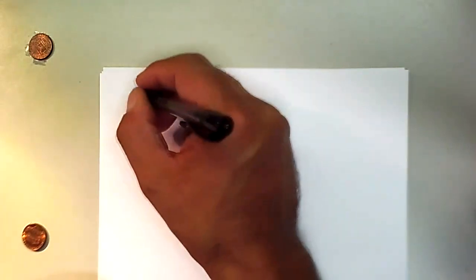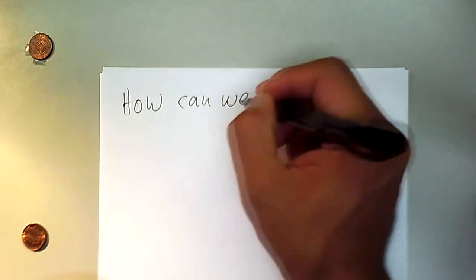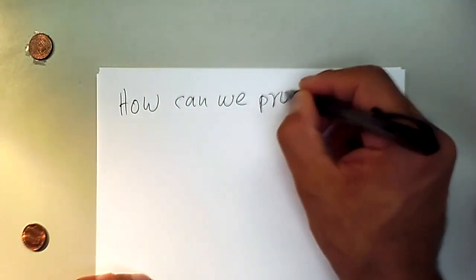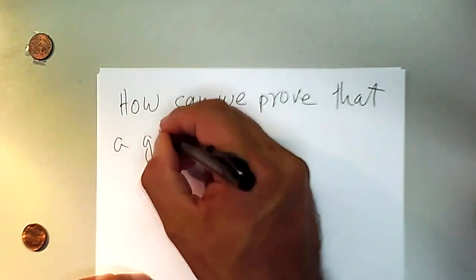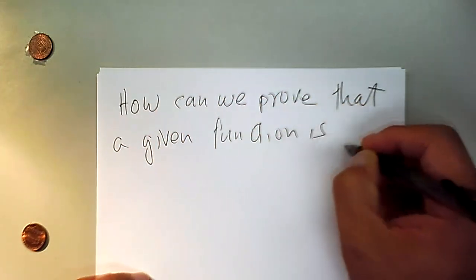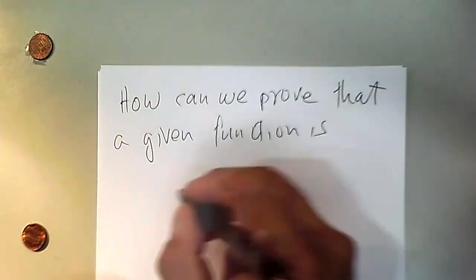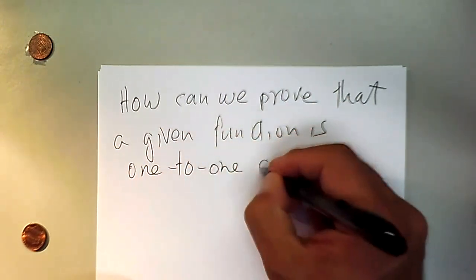9. So how can we tell whether a given function is invertible or not? How can we prove that a given function is one-to-one or not?